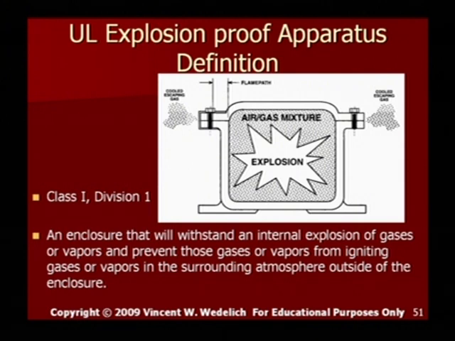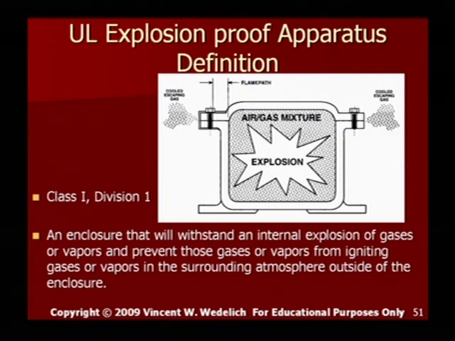When that occurs, the pressure inside the box builds up real high, and the machined flame paths allow the gas to escape. And as it escapes, it has a refrigeration effect which cools the gas so that by the time it hits the environment on the outside, it is below the auto ignition temperature.